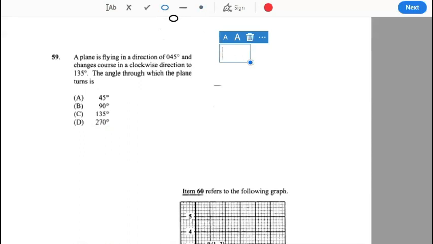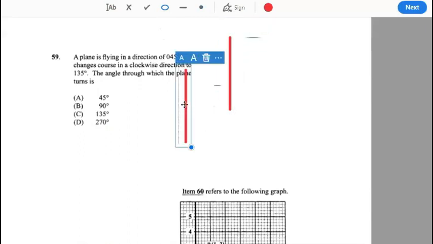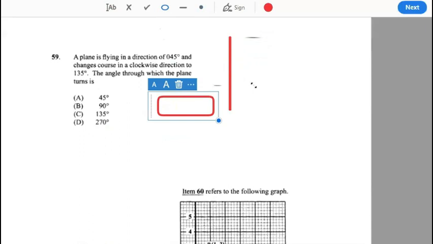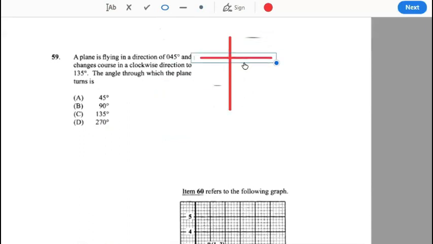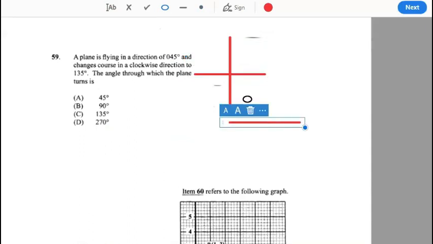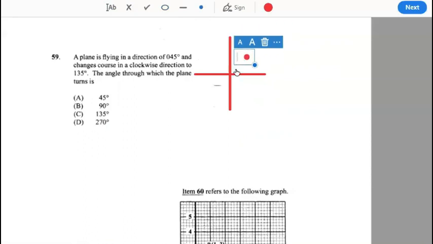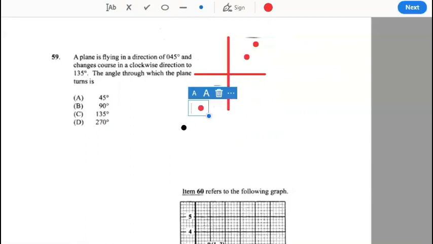Changes course. For 45 degrees in a clockwise direction and change course to 135.